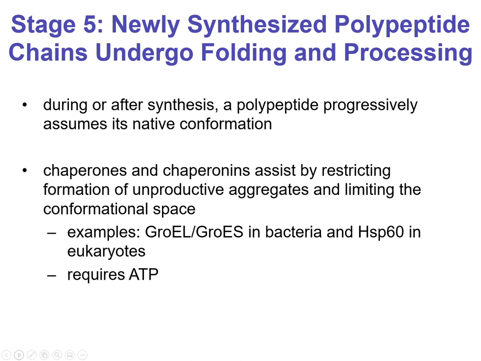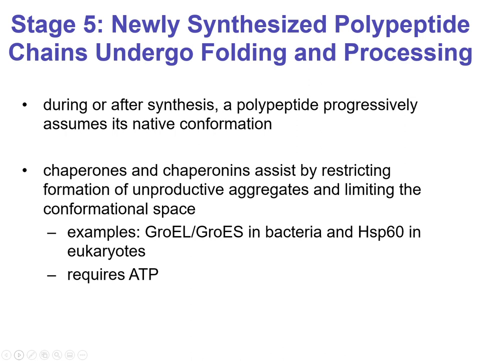So these proteins assist newly formed polypeptide chains to fold by restricting formation of aggregates and restricting certain conformations. So they physically limit the conformational space by simply binding to certain areas.